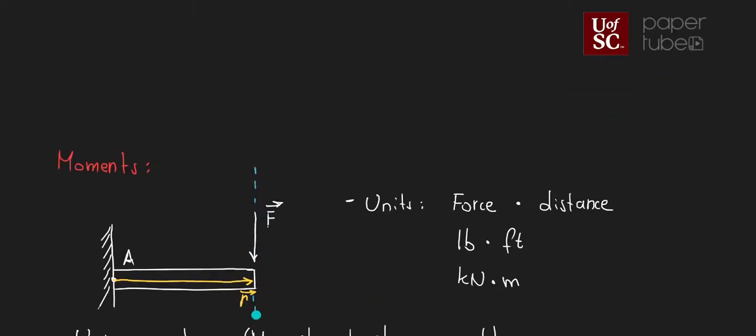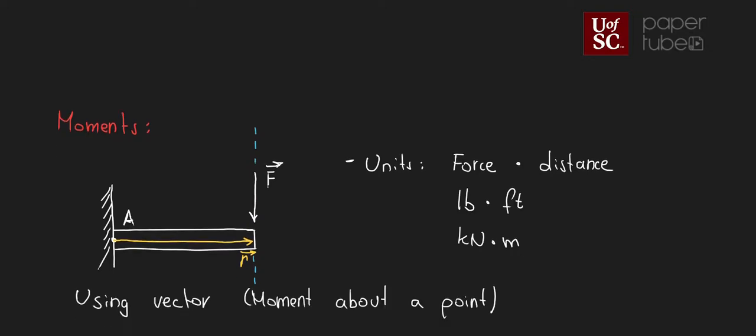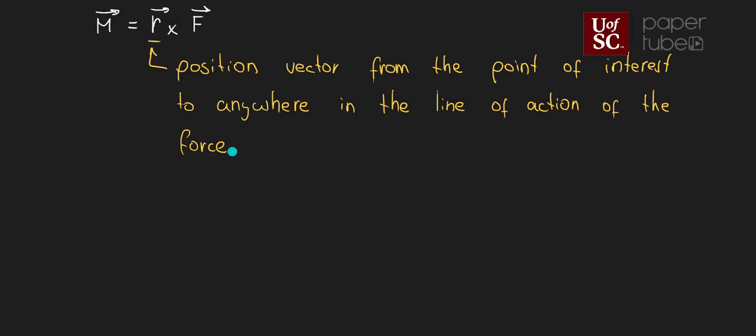So that position vector can be anywhere in that line. It can go from A to this point over here, but it can also go from A to another point over here. That will be another valid position vector, and the value of the moment calculated will be exactly the same.